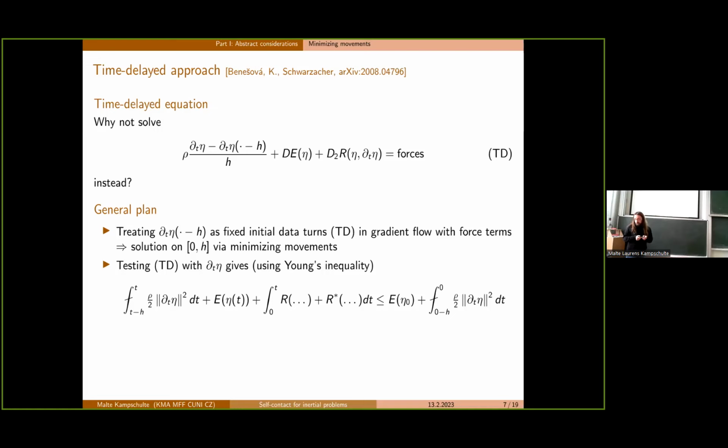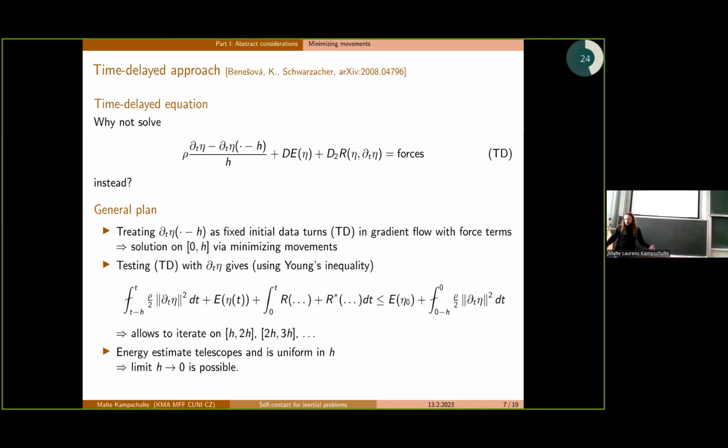If we have a uniform estimate on the interval 0 to h, well, then on the interval h to 2h, our time derivative at time minus h is right-hand side data. It's given. So we iterate, and so on, and so on. And these estimates telescope.